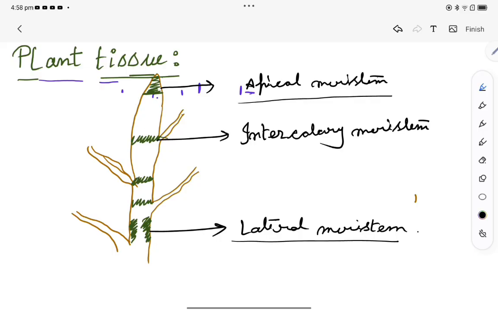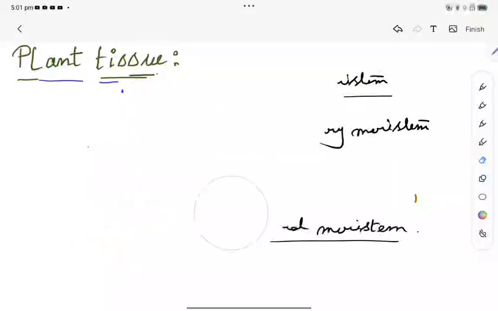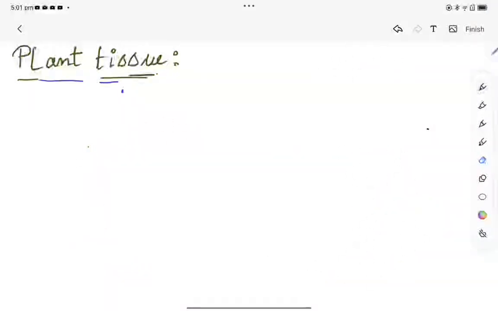Okay, now we are going to talk about permanent tissue. Okay, so next we are going to learn about permanent tissue, right?